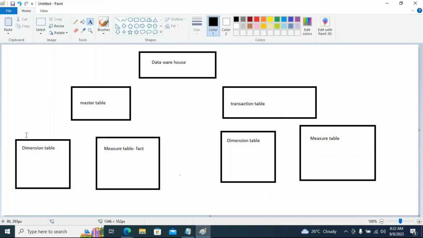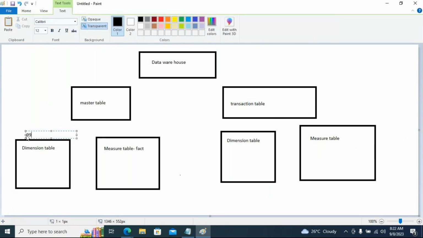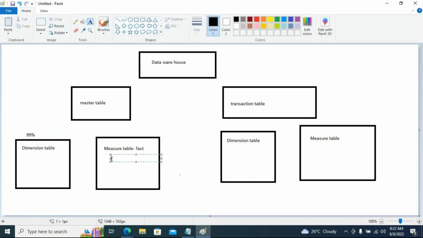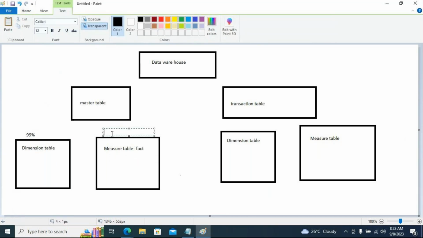Especially in the master table, in 99% of cases, whatever tables have descriptive information can be considered dimension tables. There are also measure tables, which are defined with integer data types. Those tables are going to store a few unique ID level information.